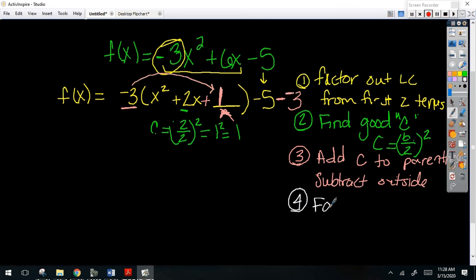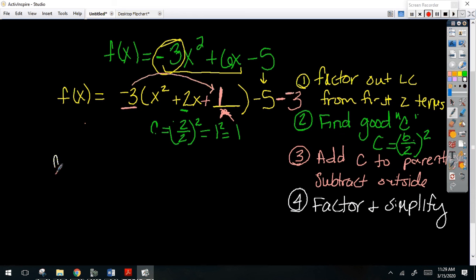what I want to do is factor and simplify. And we are really almost done with it. So if you understood completing the square, it's just a little extra step. Remember, when we completed the square, we added the good C to both sides. This time, I'm just keeping everything here on the same side, okay?